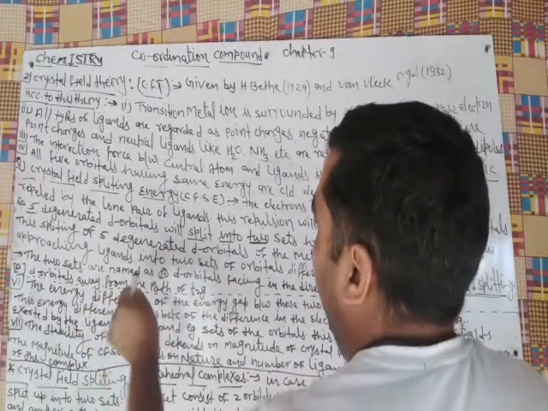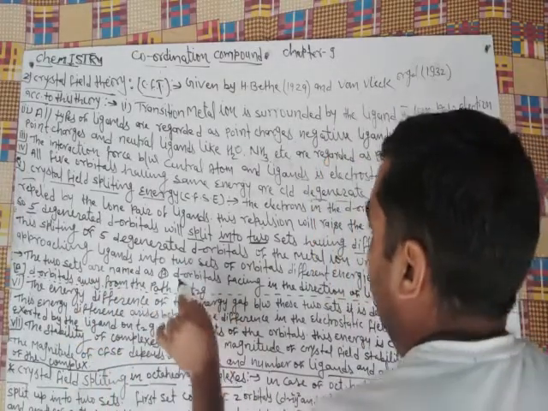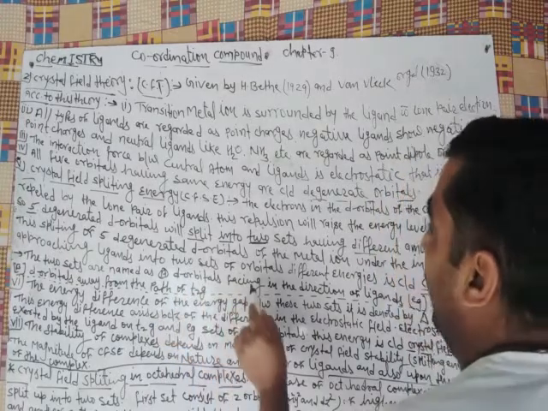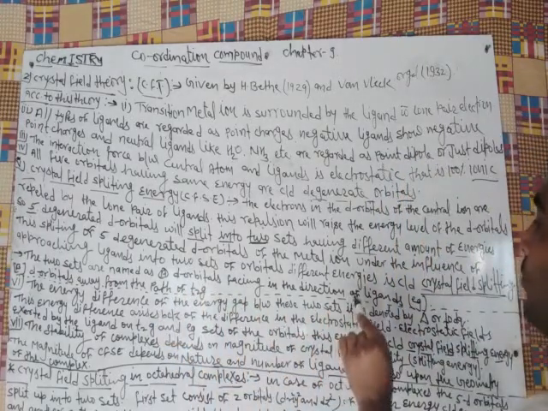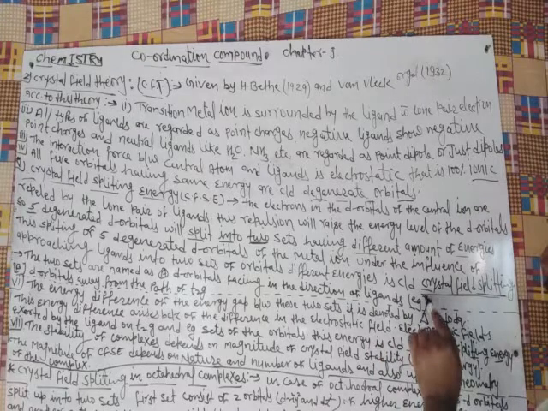The two sets are named as follows. The first set is the d orbitals facing in the direction of the ligands, represented by Eg.